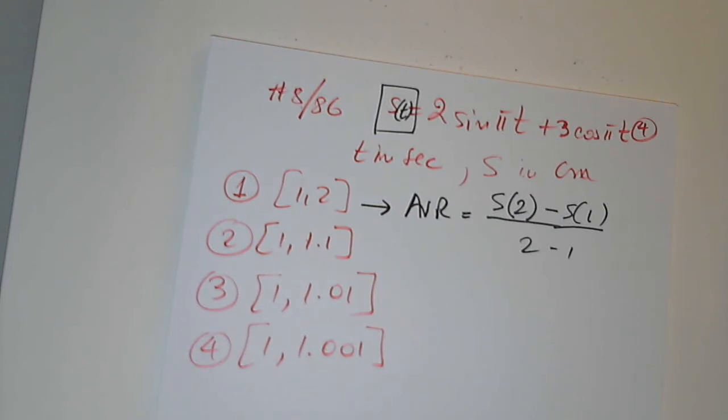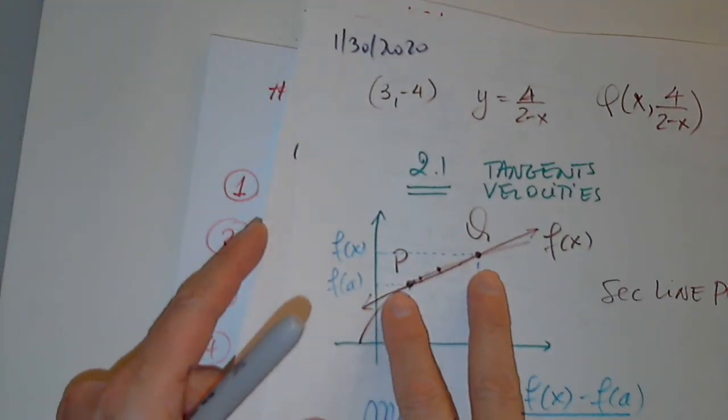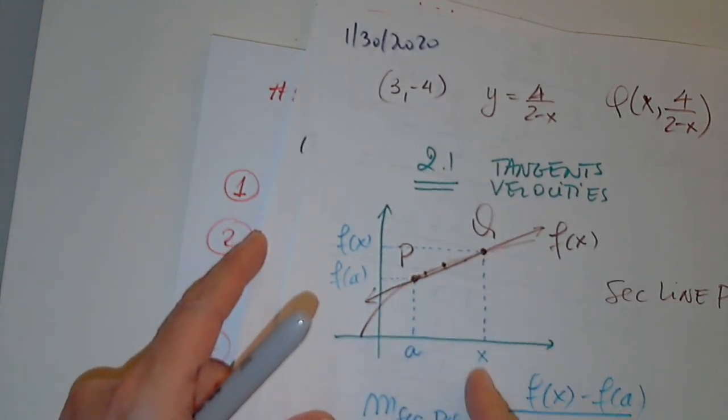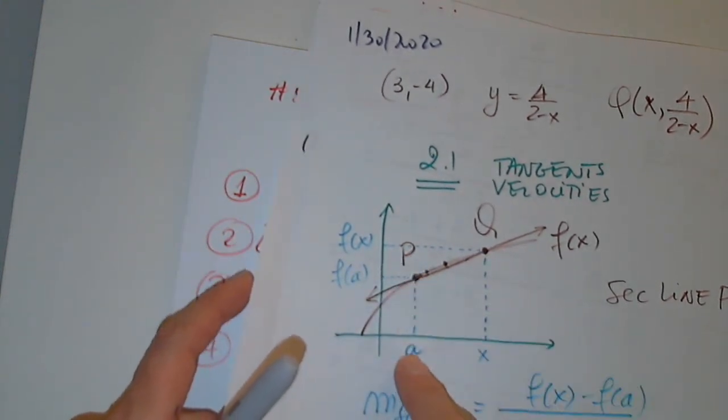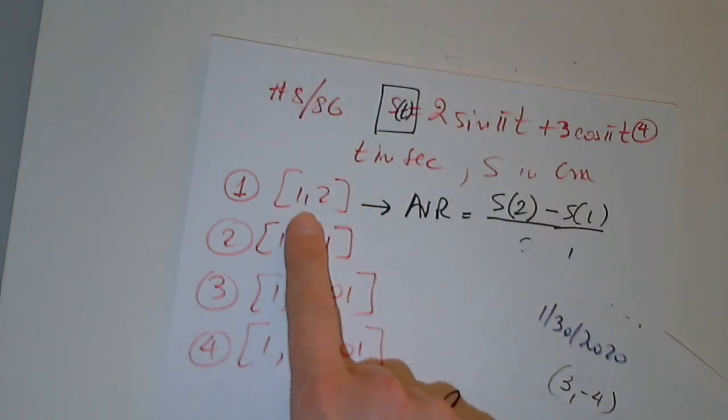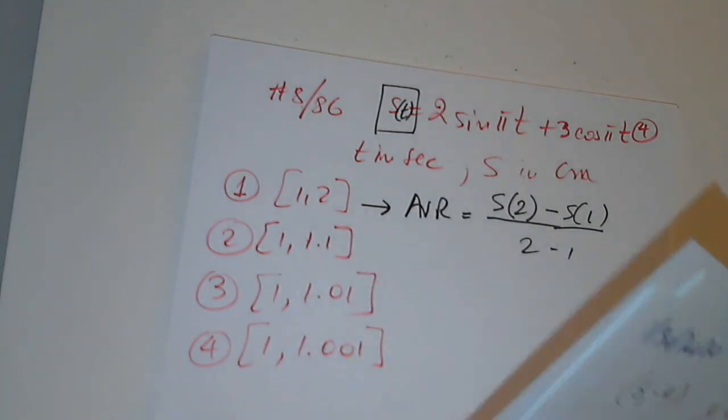And of course, I will repeat the same procedure, right? We're talking about x with 1 and x with 2. This is f of 1. They're brackets, a closed interval.